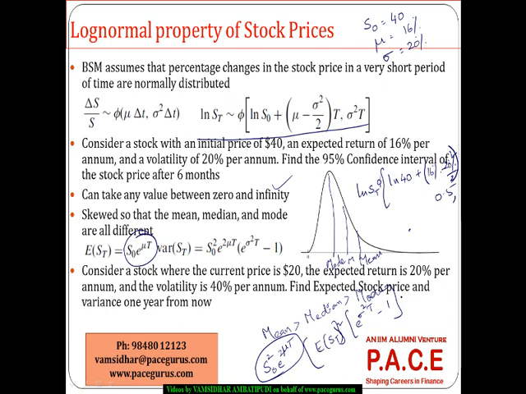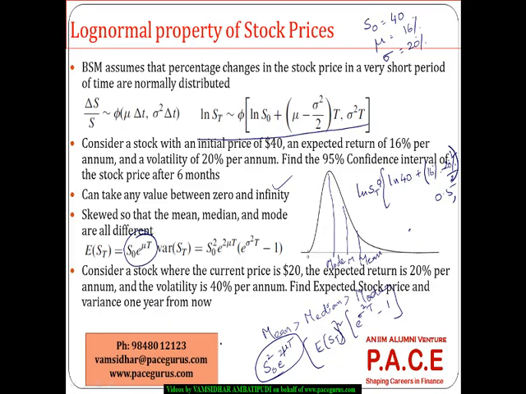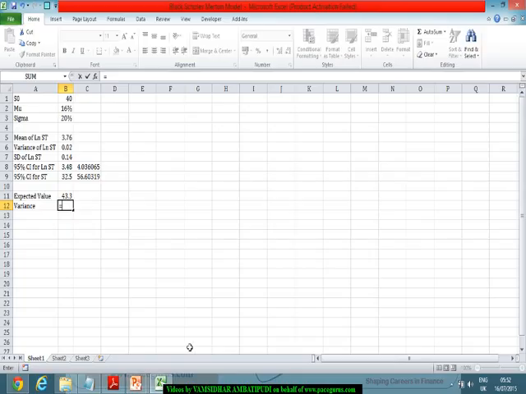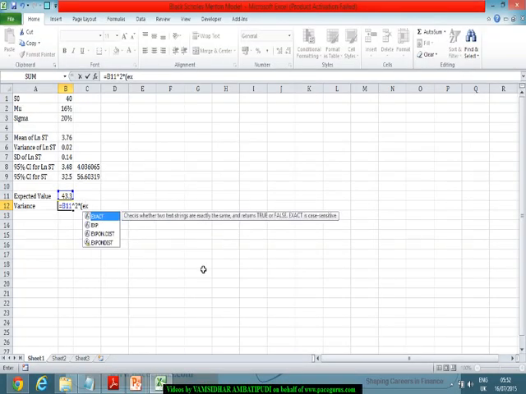Either you can remember it in this way also. So the variance of ST, I am getting it as the mean that I have got, the square of it, multiplied with (e power sigma squared t minus 1).